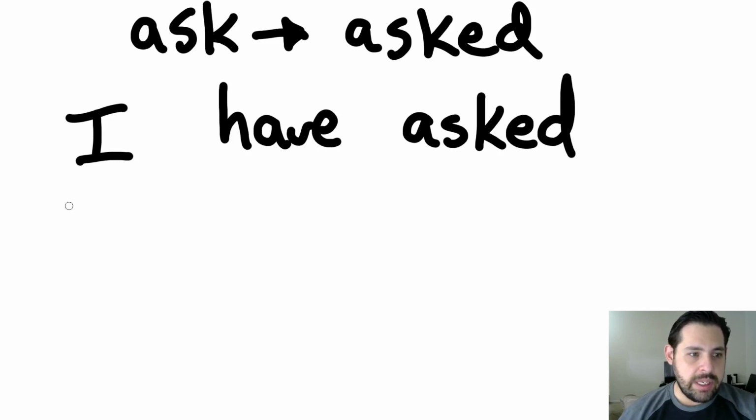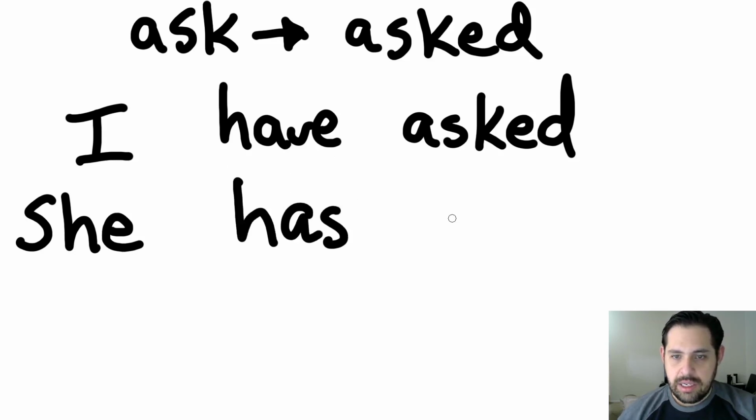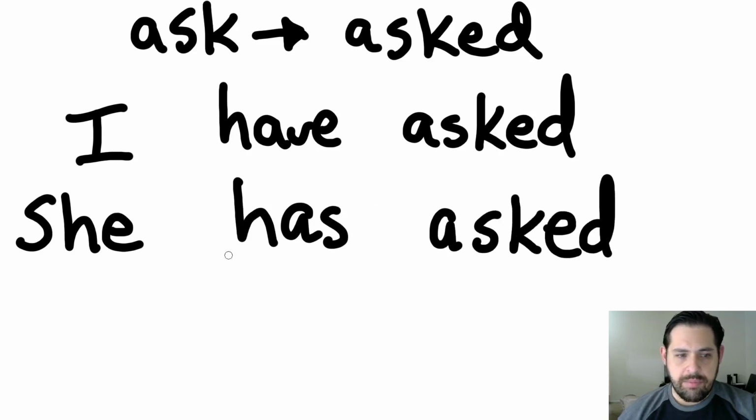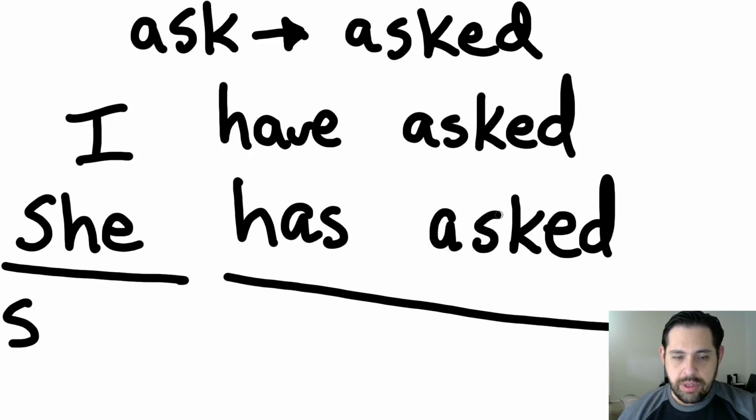Maybe our subject is she. How do I do this? Well, we conjugate have with she, meaning she has asked. Okay? Here's our subject and our present perfect.